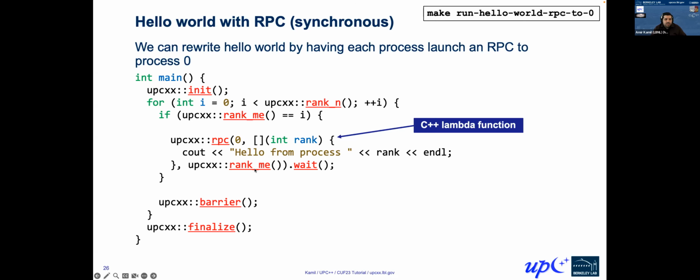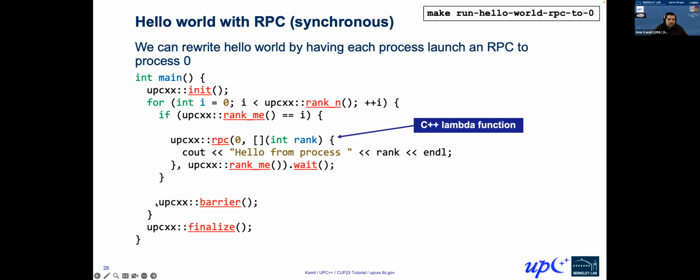So the initiator will send its rank number along with this lambda to be executed on process 0. As we talked about before, this RPC will give us back a future. In this case, we want it to be synchronous because we don't want anybody else's print to happen before ours, before this iteration is complete. So we immediately wait on it.